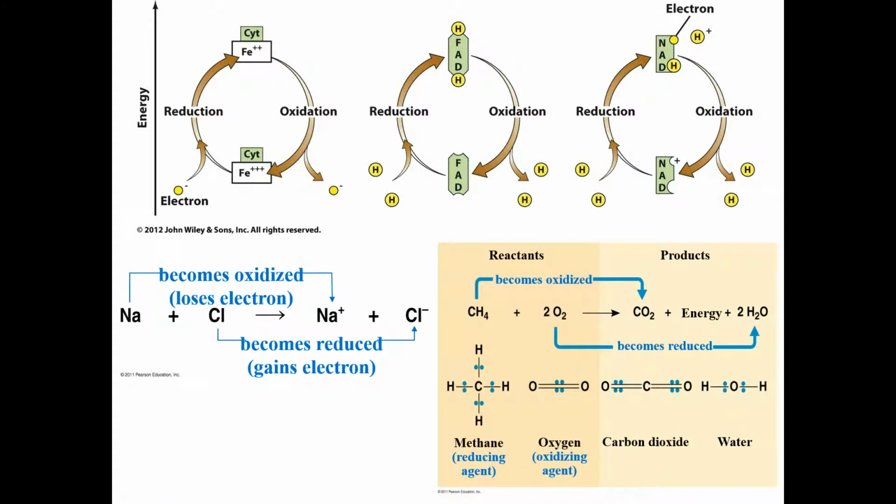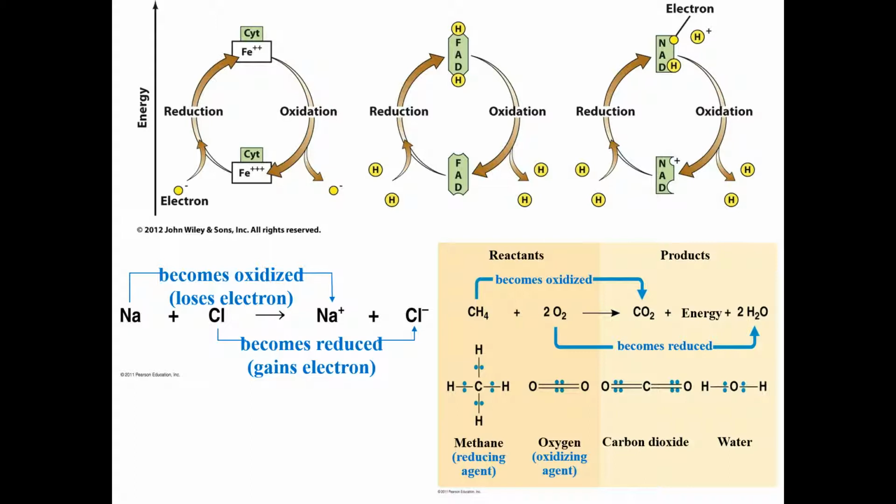Now, how does oxidation and reduction tie into what we're going to talk about in terms of metabolic pathways? Well, first, let's talk about a basic example of oxidation reduction: sodium and chlorine. Sodium, to become an ion, a cation, gives up one electron.